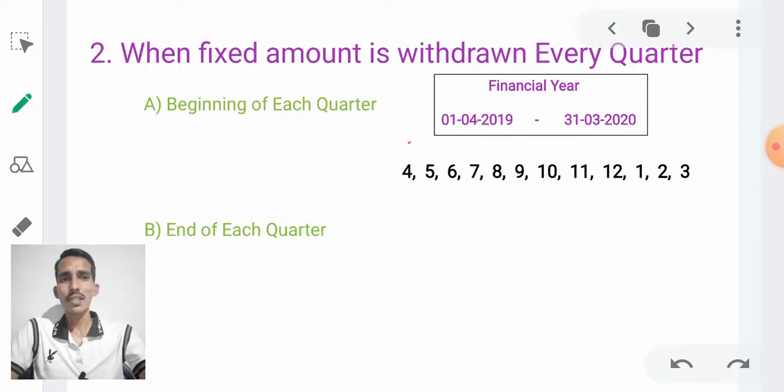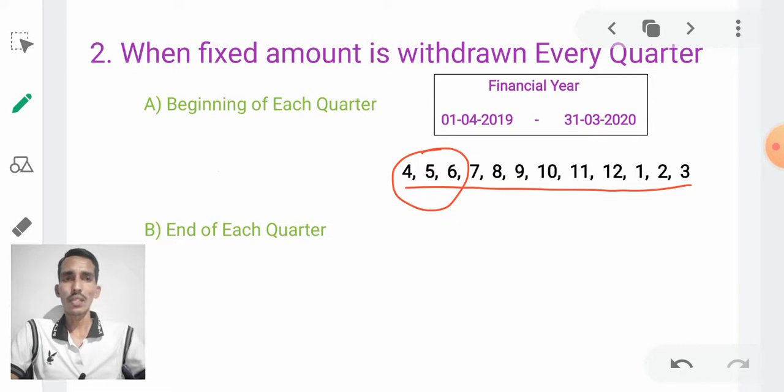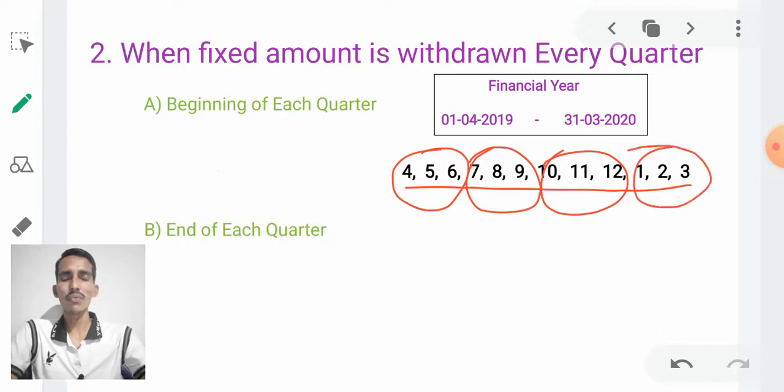It starts in April and ends at the end of March. So if you count, these are the 12 months. Then what it is saying, quarterly means every 3 months is called one quarter. This one is the first quarter, these 3 months the second quarter, these 3 months the third quarter, and this one is the fourth quarter.